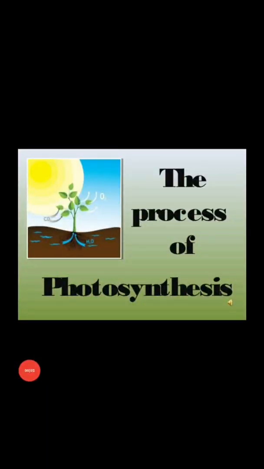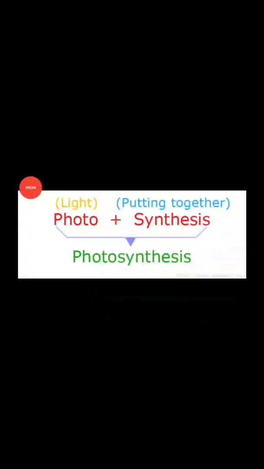But before talking about the process of photosynthesis, let me tell you the meaning of the word photosynthesis. The word photosynthesis can be divided into two words, photo and synthesis. Photo basically means light and synthesis means putting together or making of the food.